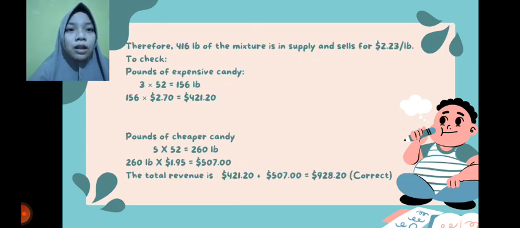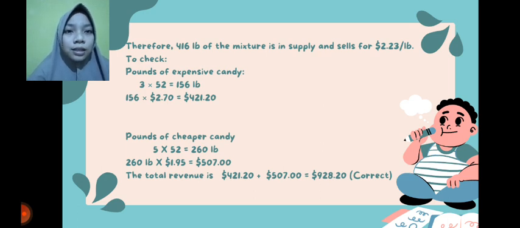Therefore, 416 pounds of the mixture is in supply and sold for $2.23 per pound. To check, pounds of expensive candy is 3 times 52 equals 156 pounds.